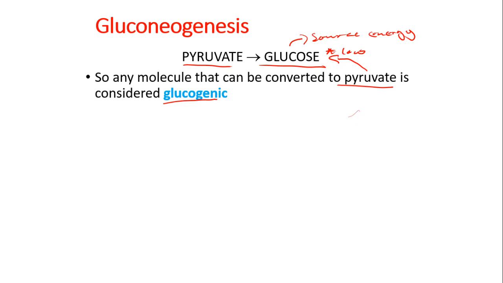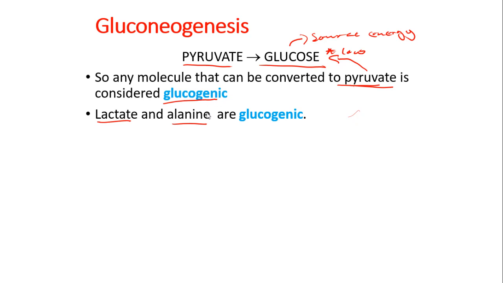So a glucogenic molecule is just a molecule that can be converted to pyruvate so that we can have glucose. A very good example of a glucogenic molecule can be lactate and alanine. So lactate and alanine are glucogenic.